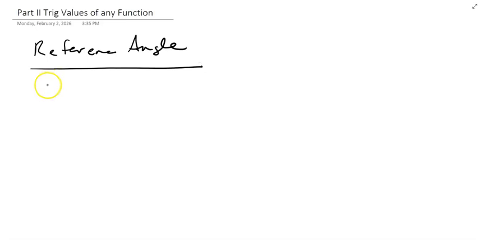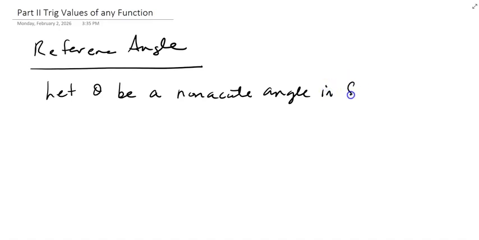So by definition, if we let theta be a non-acute angle, any angle that is not between 0 and 90, in standard position, we learned in the first video what it means to put an angle in standard position, that lies in a quadrant.